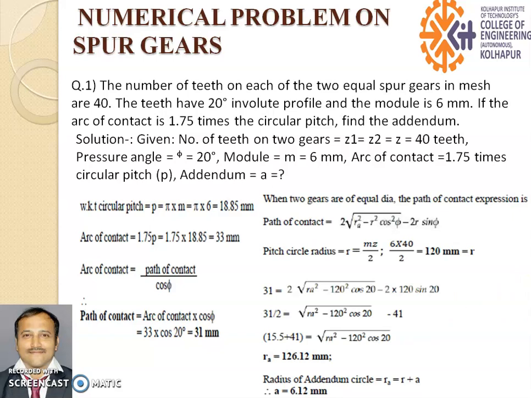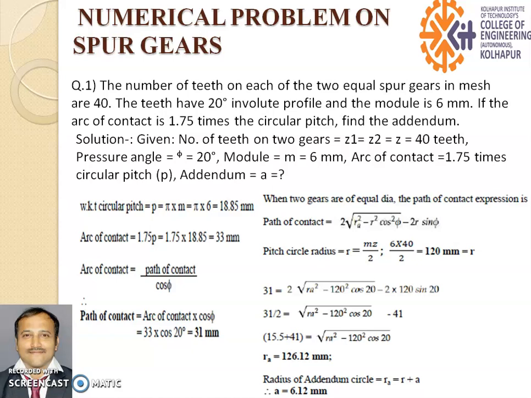Path of contact is equal to 2 under square root RA square minus R square cos square phi minus 2R sin phi. Pitch circle radius R is equal to m into z divided by 2. So module m into z number of teeth divided by 2. So R pitch circle radius is equal to 120 mm.